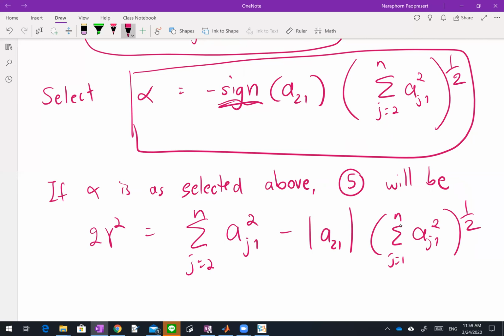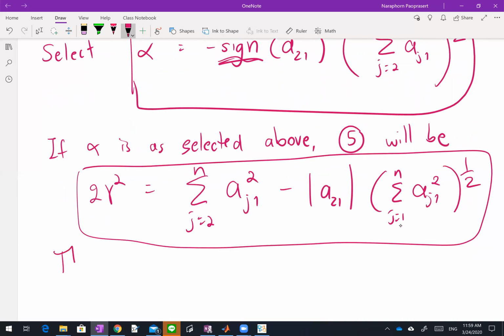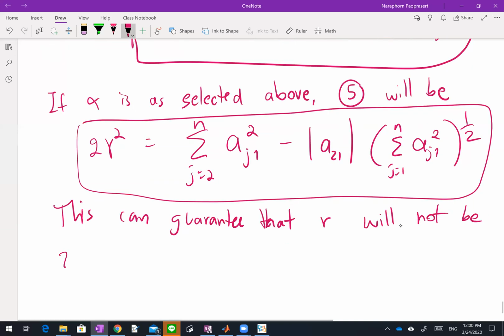If you plug in the selected alpha and your equation number 5 is like that, this can guarantee that r will not be 0 as long as all a j1 is not 0.